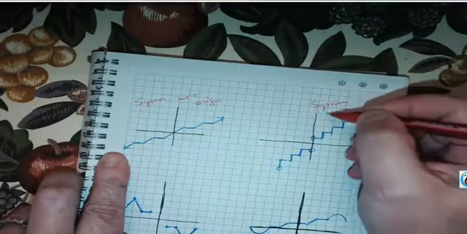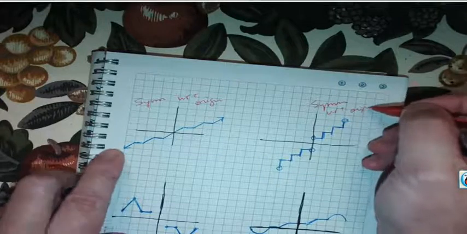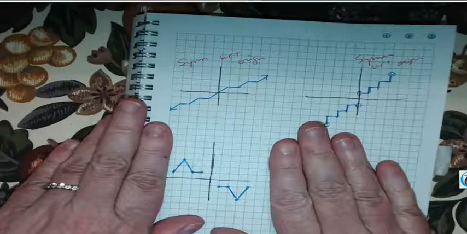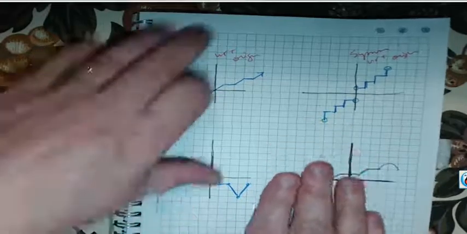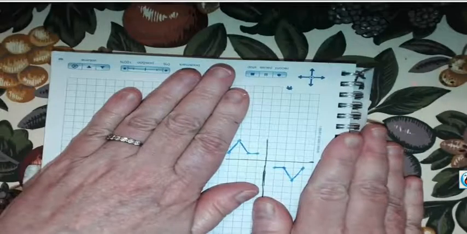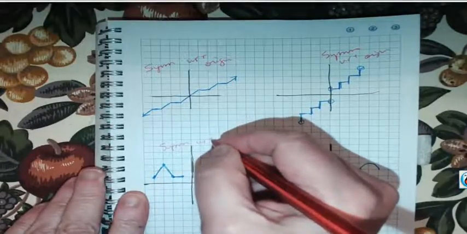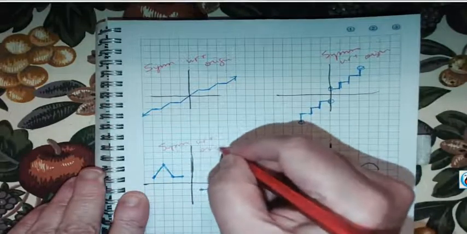So this is symmetric with respect to the origin. What about that? Is that symmetric with respect to the origin? Well, turn it upside down and we do get exactly the same graph. That is symmetric with respect to the origin. WRT, with respect to the origin.